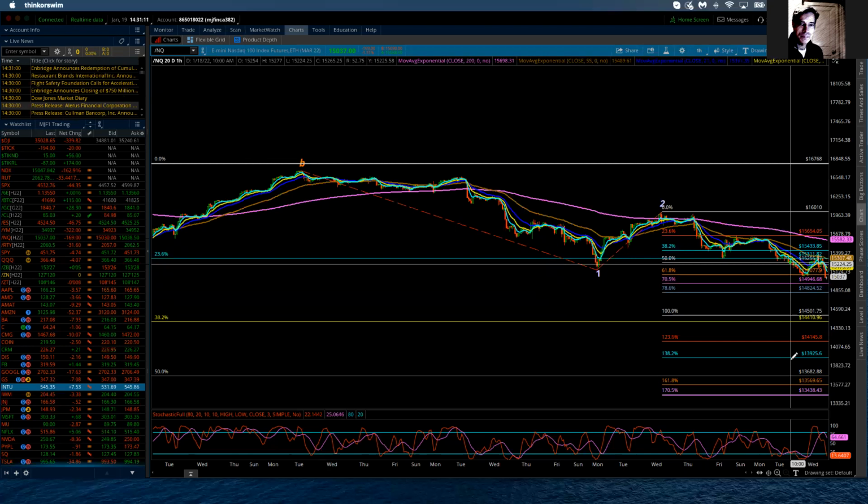We would be in that initial intermediate degree decline, but it's not going to be a wave 4. It's likely going to be an A wave on an intermediate degree. And that would put the kibosh on running back up and getting to new all-time highs before all of the fun starts to the downside.